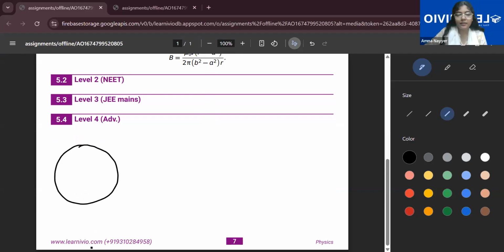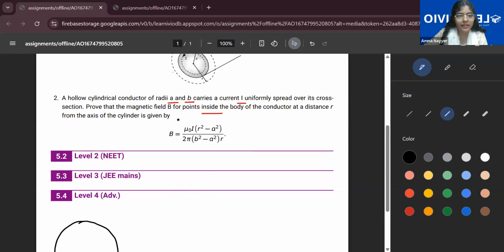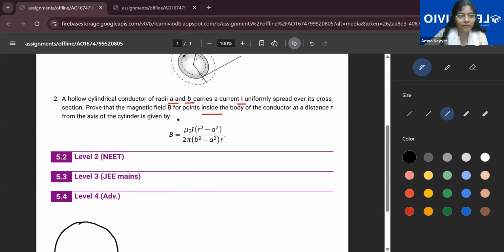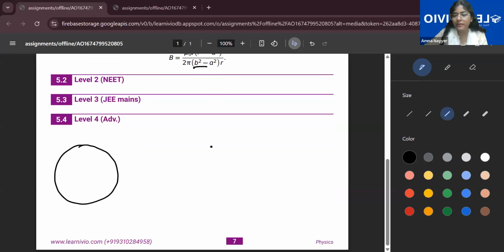It has not mentioned which of radii A and B is which. So A will be the inner one and B the outer one, because it is saying B square minus A square. It means definitely B is the greater one. So this will be B, and here we have the current, and here the inner radius is A.